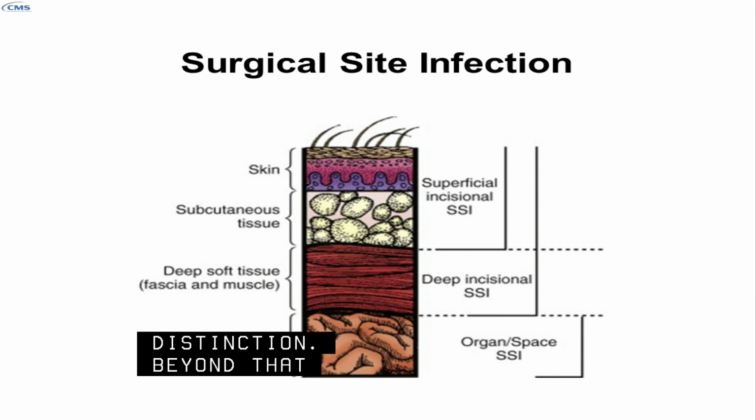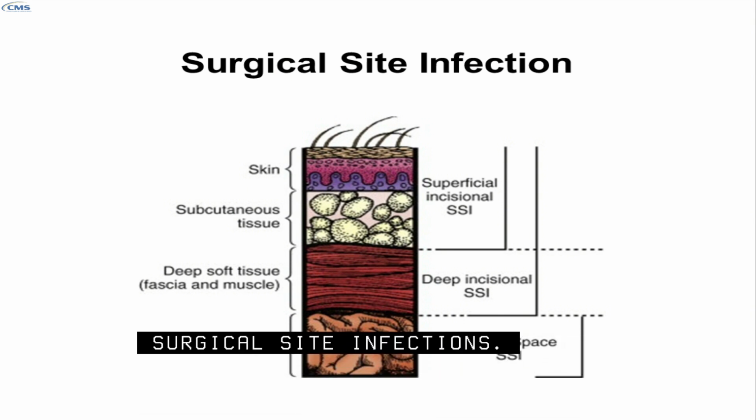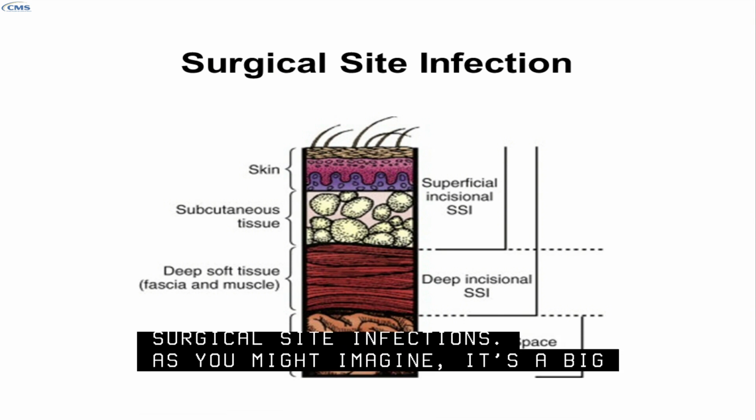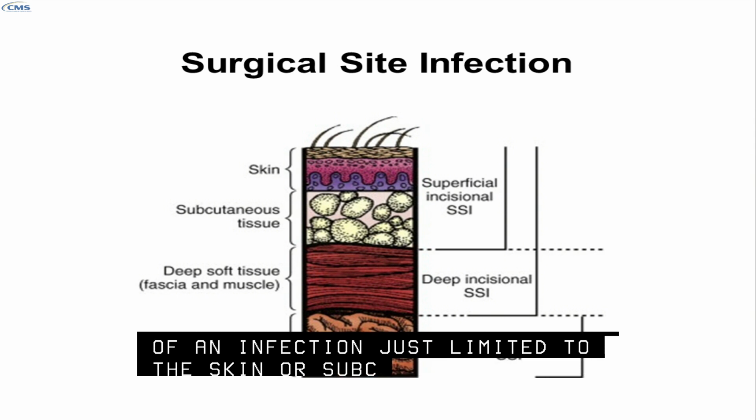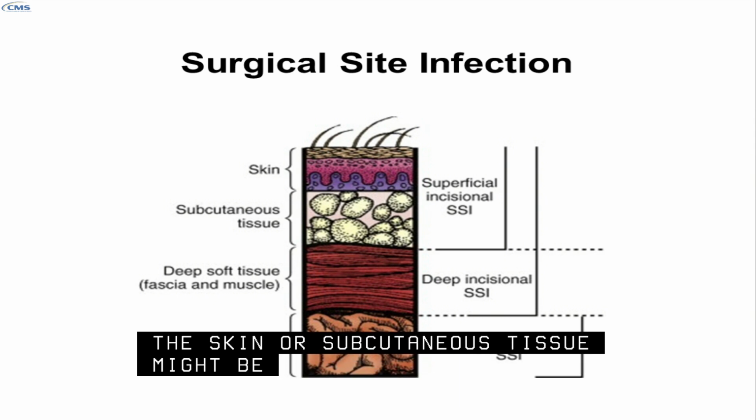So as you might imagine, it's a big difference in terms of treatment. An infection limited to the skin or subcutaneous tissue might be opened, but it also might just be treated with antibiotics alone.